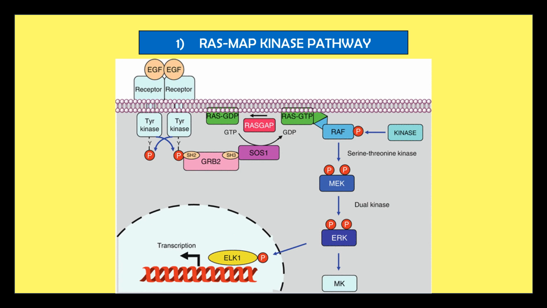The RAS cycling requires the assistance of two proteins, GEF, guanine nucleotide exchange factor, and GAP, GTPase activating protein. RAS activation is accelerated by GEF, which binds to the RAS-GDP complex, causing the dissociation of the bound GDP.